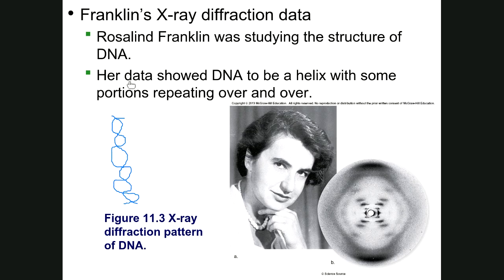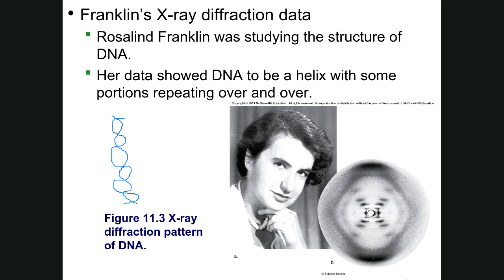The answer is, her discovery showed that DNA is a helical structure with some portion repeating over and over. Another question can come, how she found out this discovery? She found out this discovery by following a method called X-ray diffraction pattern.